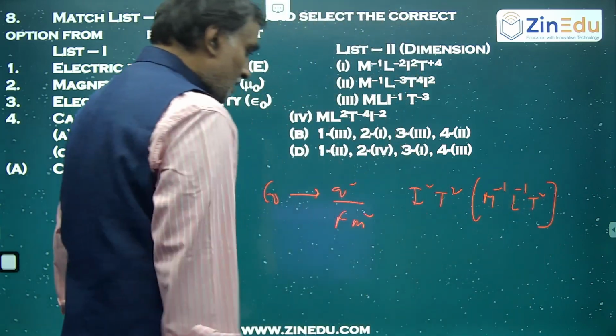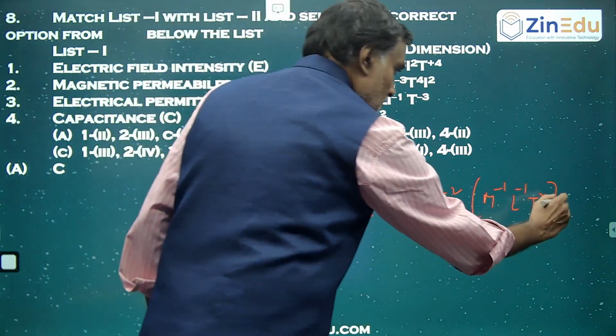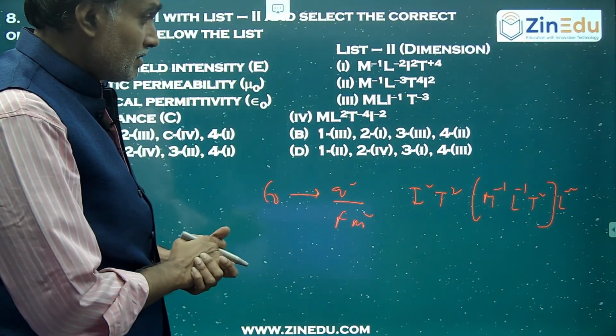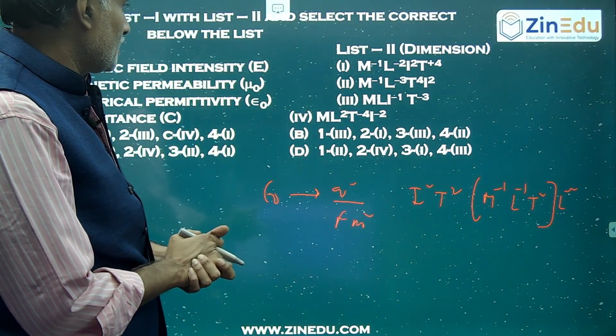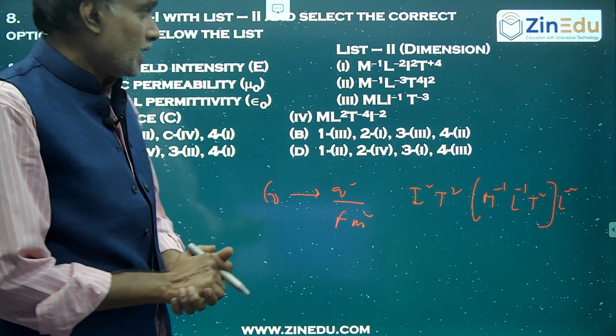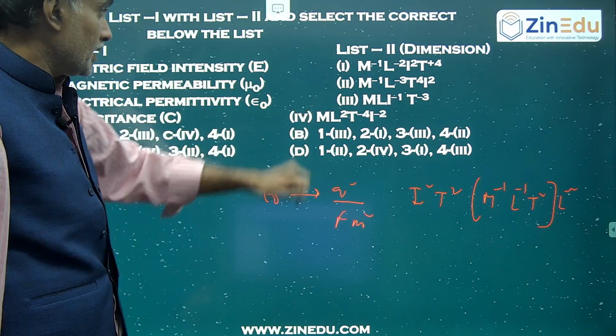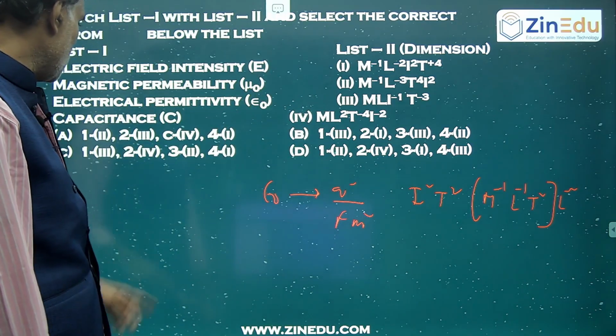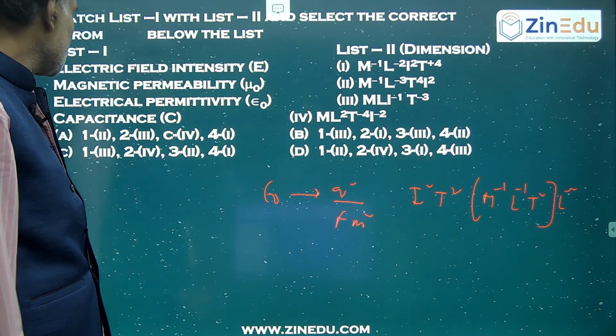And the meter square, that is L minus 2, L minus 2. So what do you get now? M minus 1, L minus 3, and T4, I2 I will get. So 2 will be the match. Matched with here only. Okay, the answer.